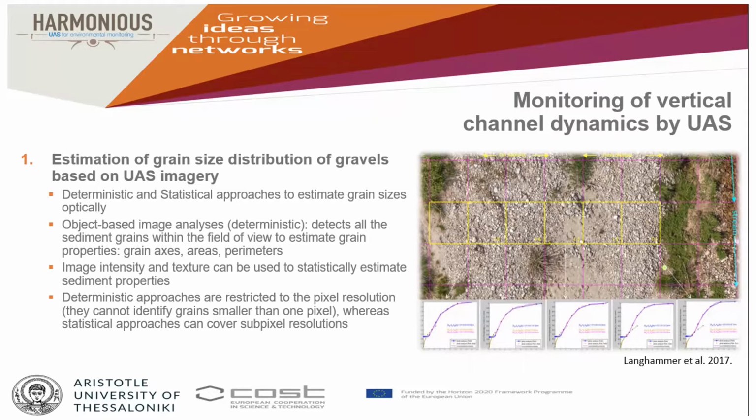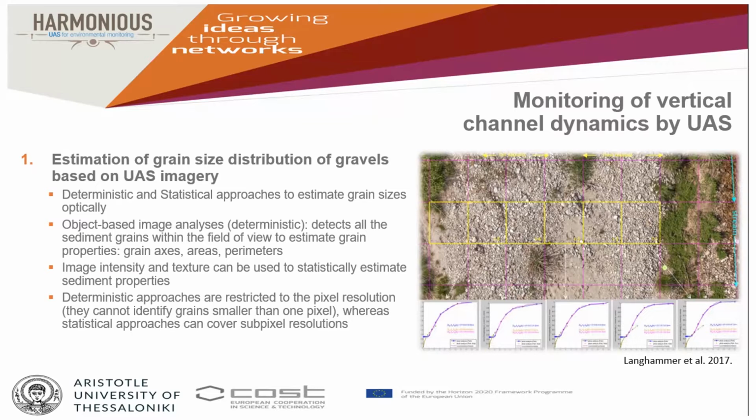So another advantage, besides just a simple surface change detection, is the granulometry, which was basically relying on some deterministic and statistical approaches to estimate grain sizes more easily than collecting the samples and then sieving them and defining the grain curves.